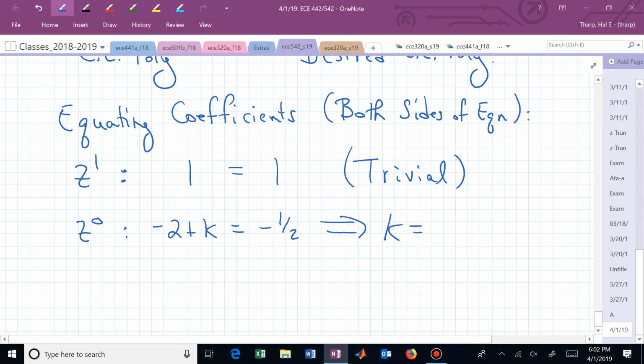Or if we now add 2 to both sides, there's another way of coming up with that value of k equal to 3/2 being a valid or a reasonable gain value.